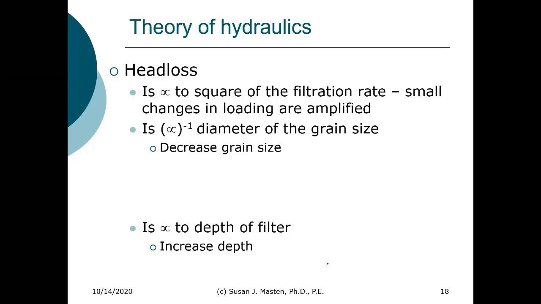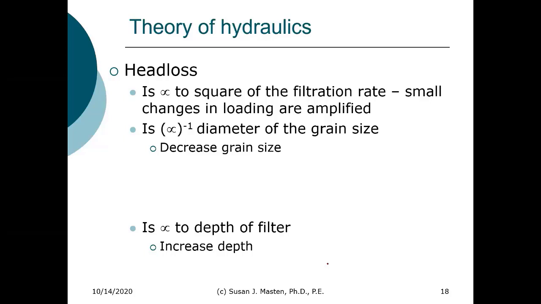One of them was head loss. So if the head loss is too great, we backwash. And what was the other? It's turbidity. So if the effluent turbidity is too high, then we backwash. So those are the two parameters that we monitor continuously in order to determine when to backwash the filter.